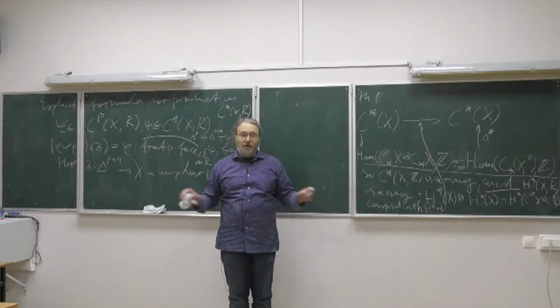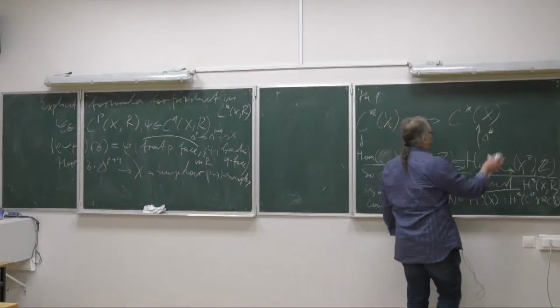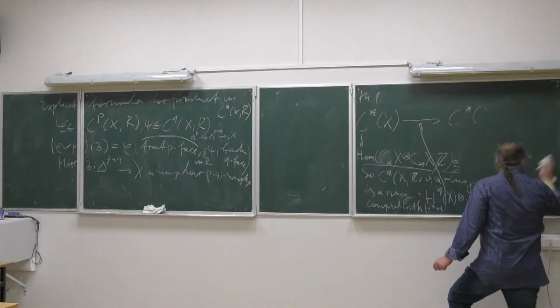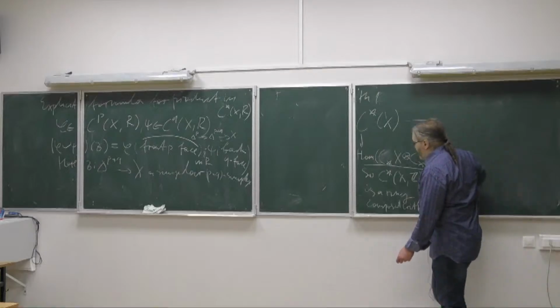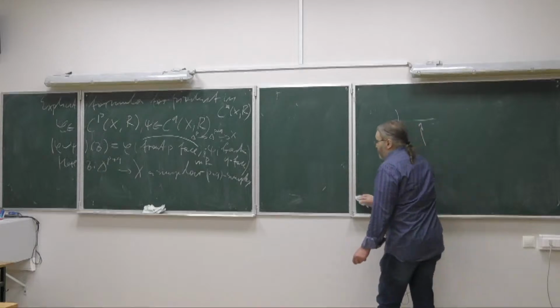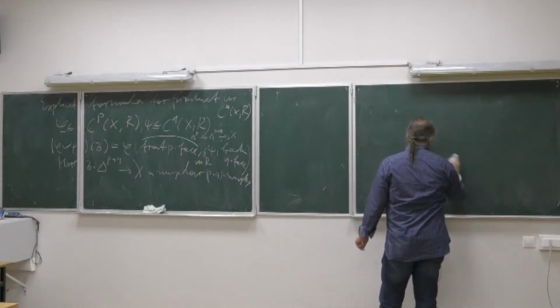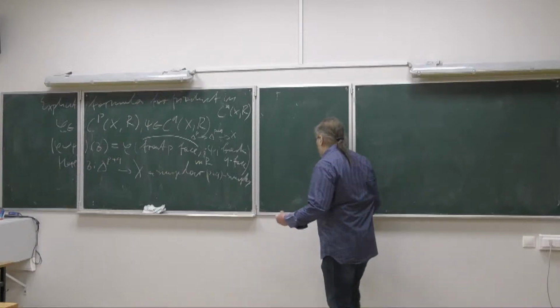But there are other choices. Now, one particular advantage of the Alexander-Whitney diagonal is that we do get an associative product on the chain level.